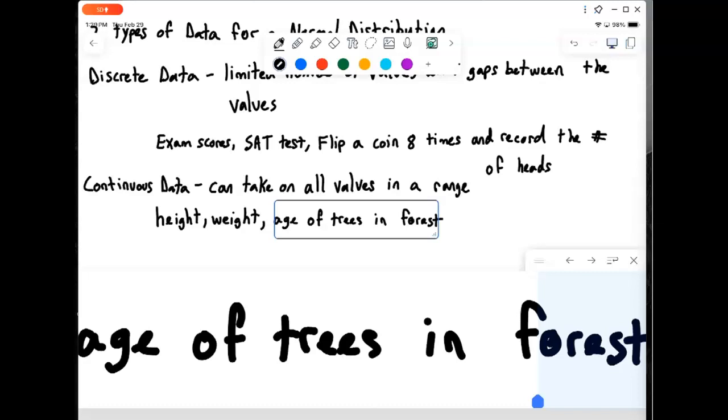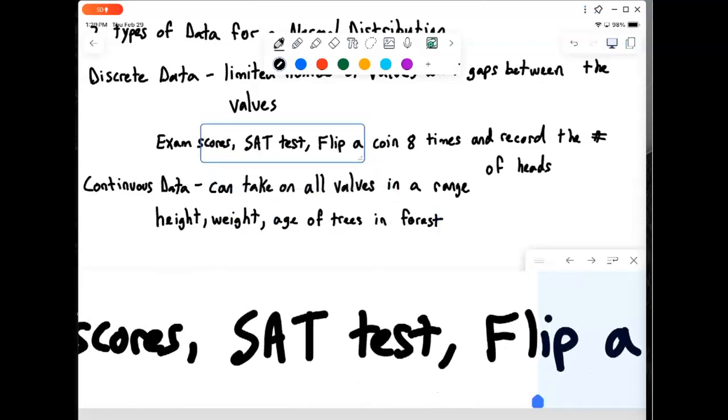Now we're going to use that normal distribution to compute the likelihood of falling between two values. So perhaps as an example, if we took the SAT test, scores on the SAT test range between 200 and 800, and you get just a whole number score, anything from 200 up to 800.